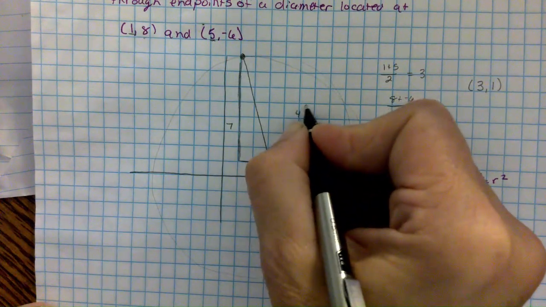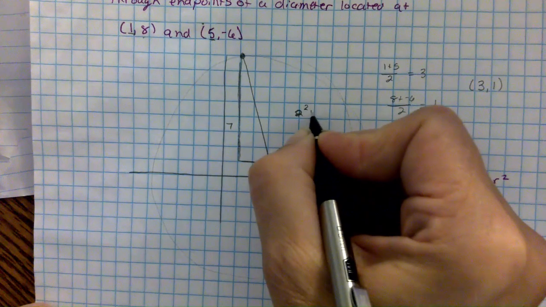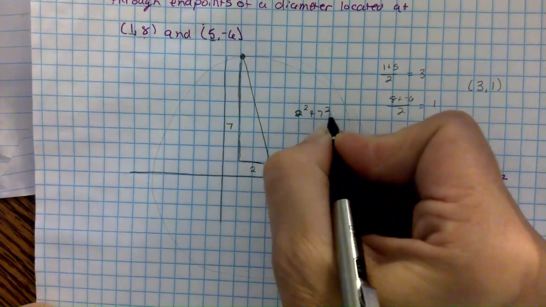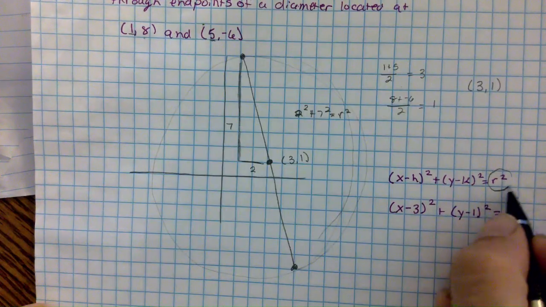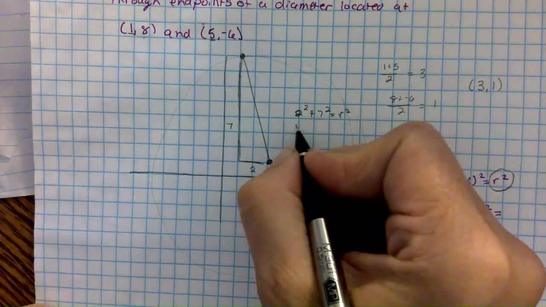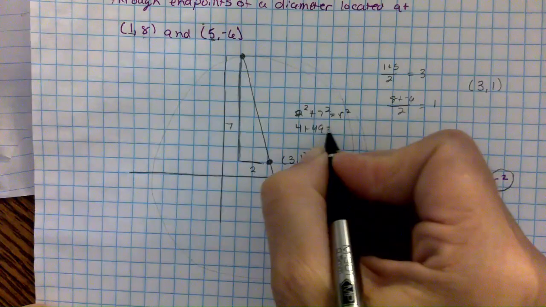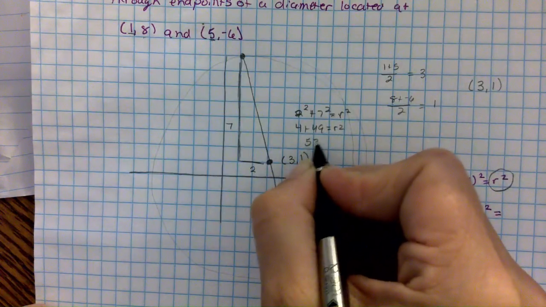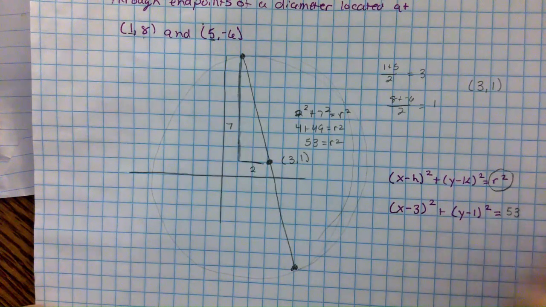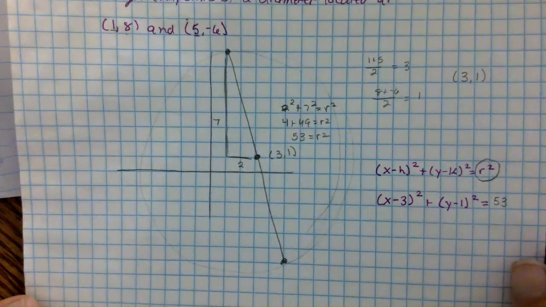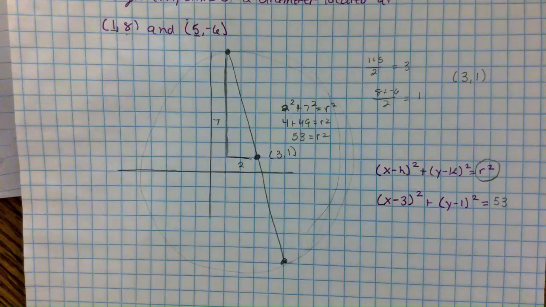So 2 squared, which is 4, plus 7 squared equals our radius squared. Do we actually need our radius, or our radius squared? We need our radius squared. So 4 plus 49 is 53, our radius squared. So we're just going to pop 53 right in there. Again, this is like the Pythagorean theorem, a squared plus b squared equals c squared, just with an hk shift.